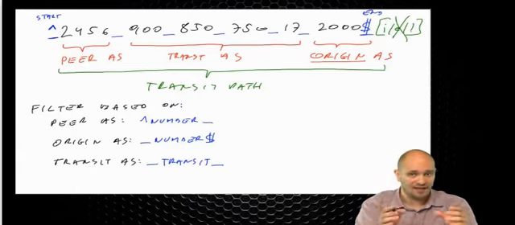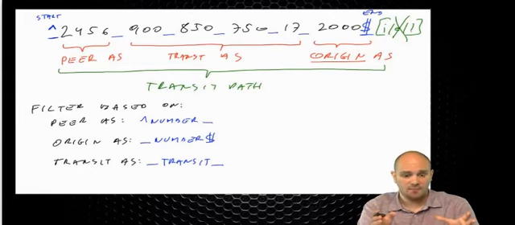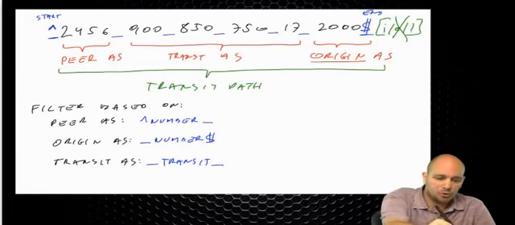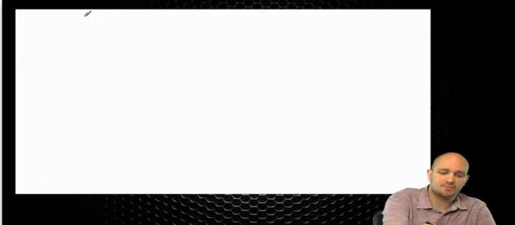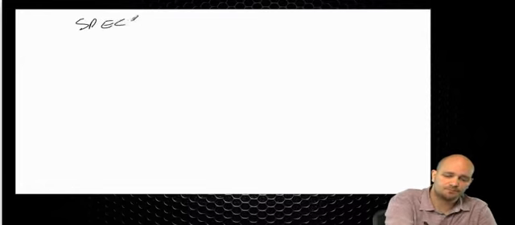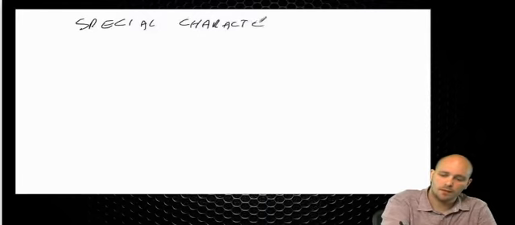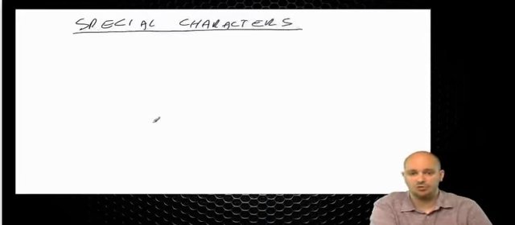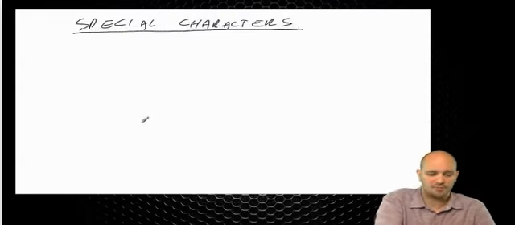Now, that said, regular expressions can be a lot more complicated. Now, to understand some of the complexity, and I'm not going to go very, very deep here, there are some special characters in regular expressions that can be used to create very special, very powerful regular expressions.